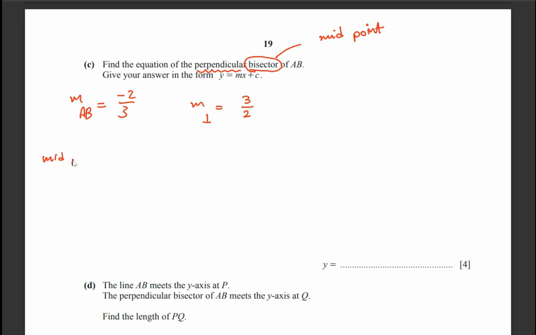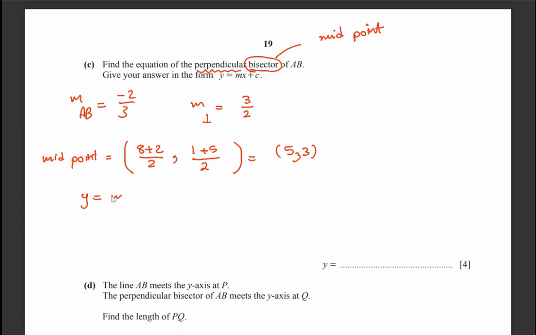So how to get the midpoint? Add the x coordinates and then divide by 2, and add the y coordinates and divide by 2. So it will be here 8 plus 2 over 2 and 1 plus 5 over 2. So it will be 5 and 3.